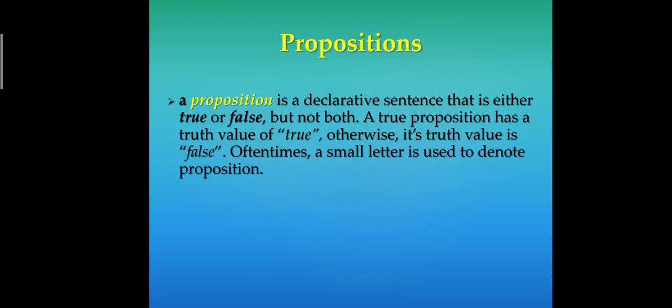When a statement is considered true, it is true. When a statement is false, then the statement is false. In no instance can a statement be true and false at the same time. Okay? So that is what we meant by not both.